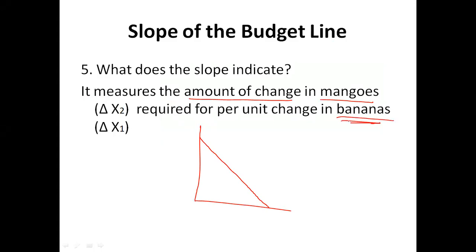We have just seen, this point x1 plus delta x1, that is change in x1, x2 plus delta x2. We saw this point. So it measures the amount of change in mangoes required per unit change in bananas.